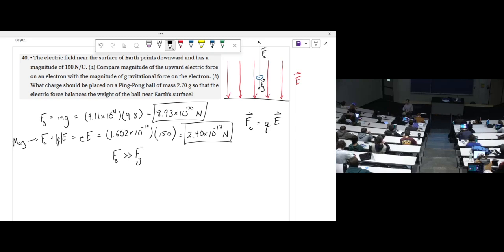And what we're going to find, though, is that, okay, now let's take something that is macro in scale, like something that we can hold in our hand. The crazy thing that we're going to find in this next part is you only have to put a very tiny amount of charge on the ping pong ball to get it to go up. So we're talking about grams, right? Well, the solution that we're going to find is going to be microcoulombs.